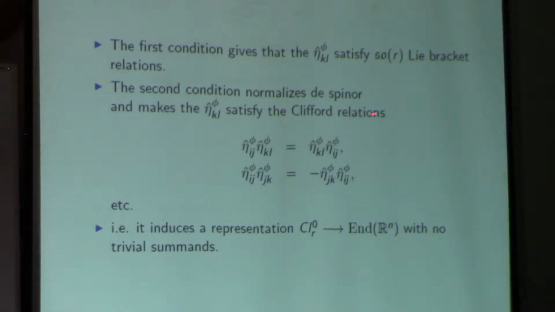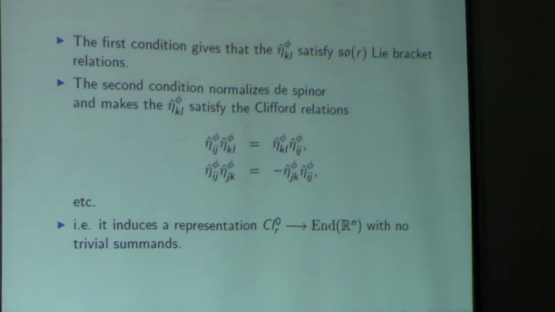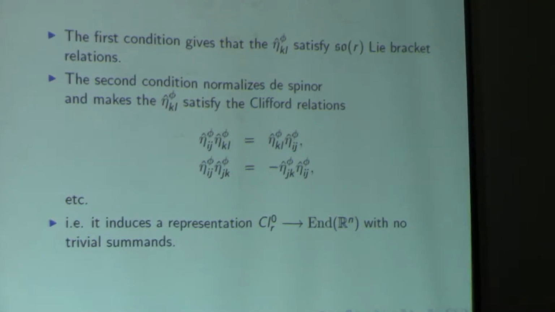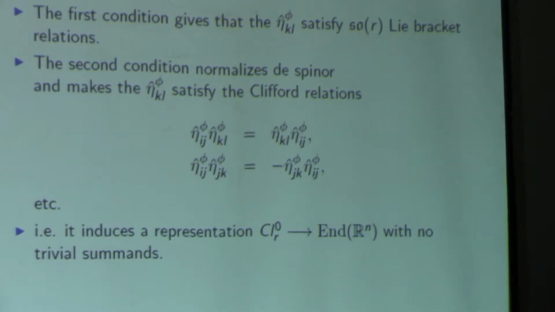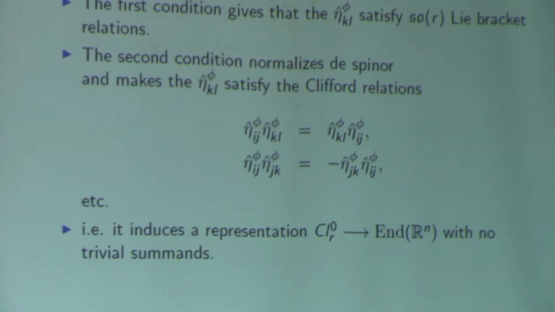When I talk about Clifford relations, as in the spin algebra, it is not commutators. They are products of matrices directly, and they fulfill these identities, which are the identities of the spin algebra. You see, the spin algebra in that sense is finer than the special orthogonal algebra. Yeah? Okay.